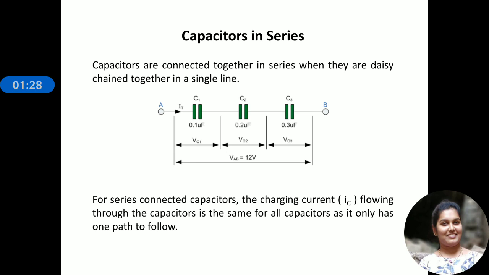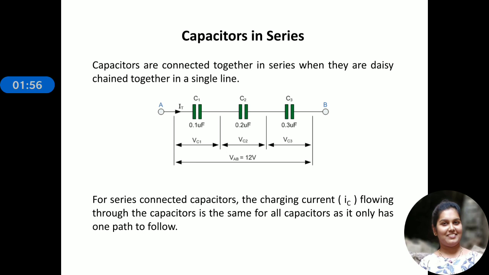This chain type connection we call a series connection. For any kind of component, a series connection is the same. So for capacitors also it's the same. Capacitors are connected together in series when they are daisy chained together in a single line.